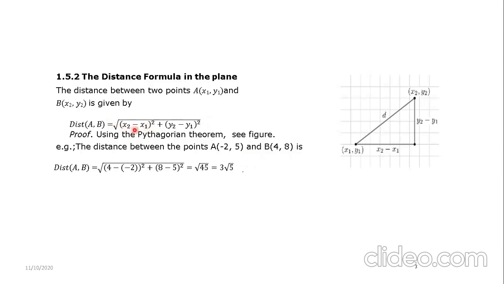Here we have 4 minus -2 squared plus 8 minus 5 squared, which is the square root of 45, 3 square root of 5. This is the distance in centimeters or meters, as the units you use in this problem.